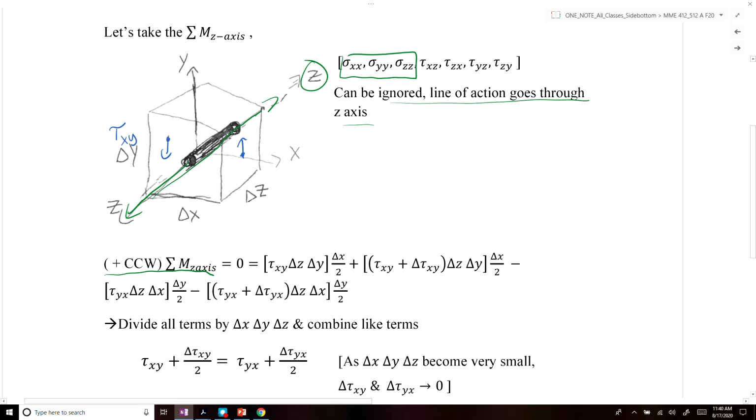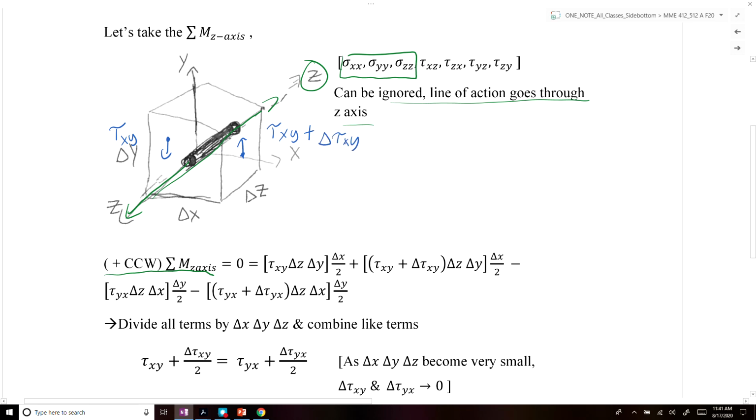And then on the other side of the cube, we'll have tau xy plus any change in the shear stress along delta x. So we'll call that change in shear stress delta tau xy.